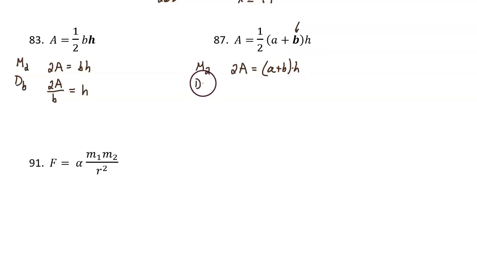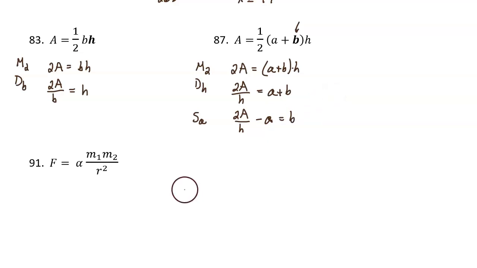In the next step, divide by h. 2a divided by h is equal to a plus b. Once the h is gone, there's no need to have the parentheses around the a plus b anymore because they're the only thing on that side. In the next step, we can subtract the a from both sides. So 2a divided by h, minus a, is equal to b.